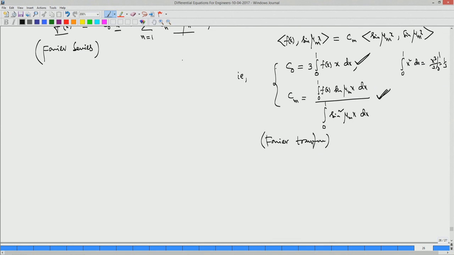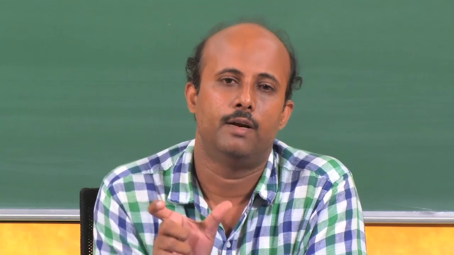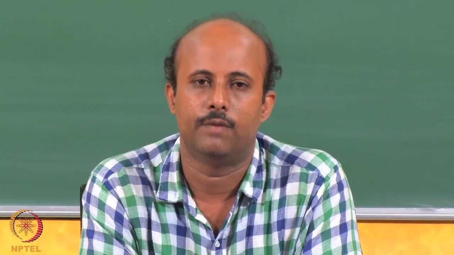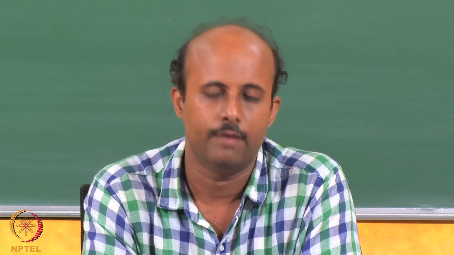Using this you can develop a Fourier transform and Fourier series of a function defined on a finite interval. If you think of this as a periodic function over the real line, where that finite interval is repeated everywhere periodically, you can represent it as a Fourier series in terms of eigenvalues and eigenfunctions.